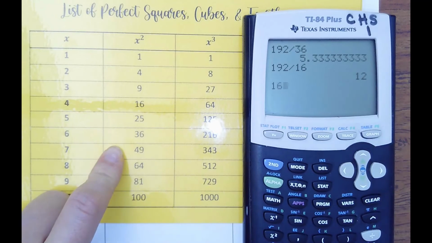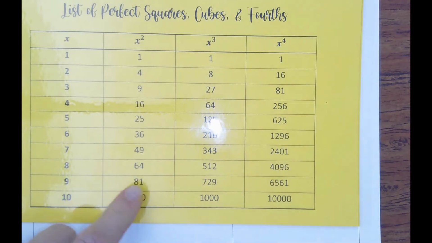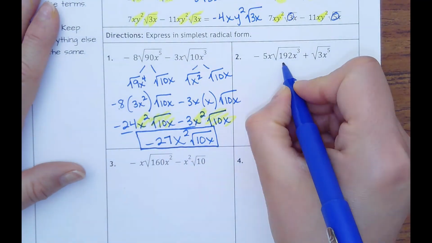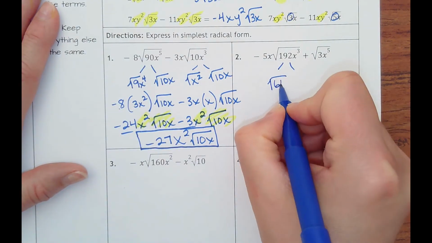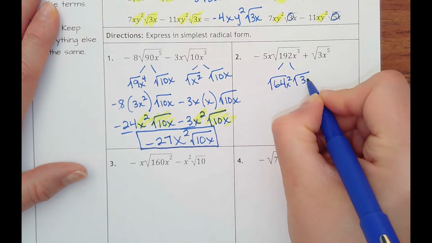So if I took 16 times that other perfect square of 4, actually I should be using 64. Yeah, 64 and 3. And then this would be an x squared times an x.